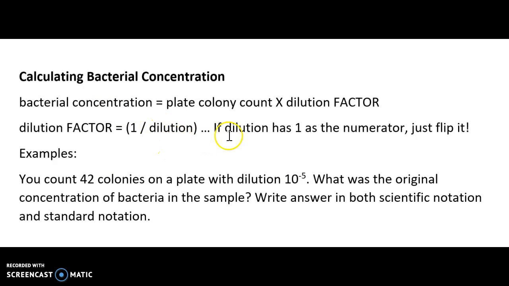And if your dilution is already expressed as a fraction with 1 on top, say 1 over 1,000, then the dilution factor is just the same fraction upside down, 1,000 over 1. So that's a simple way to get the dilution factor. Flip the fraction upside down.